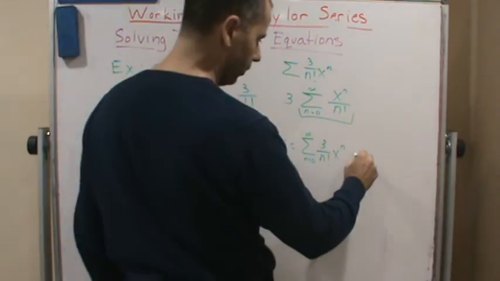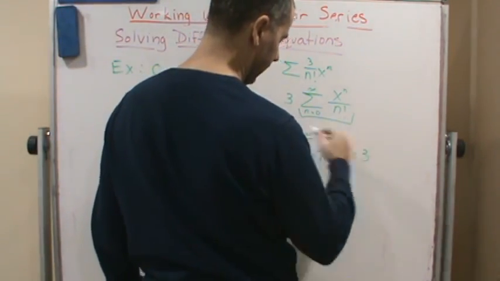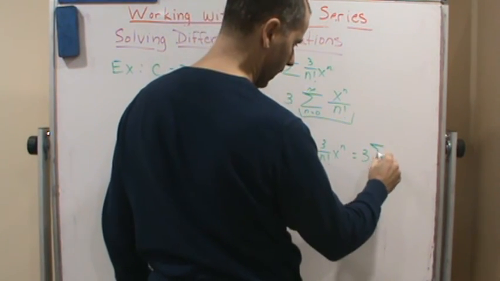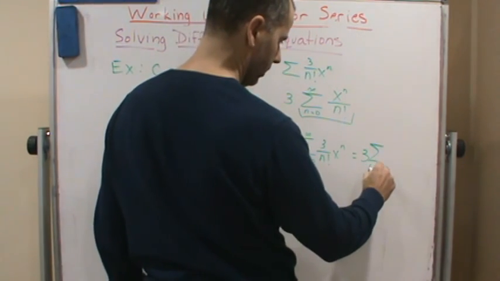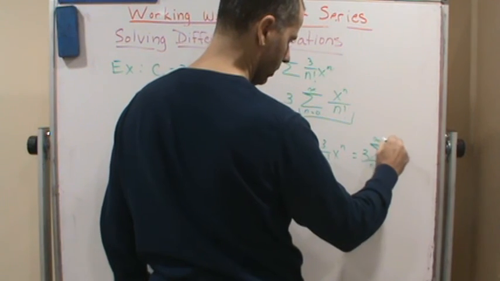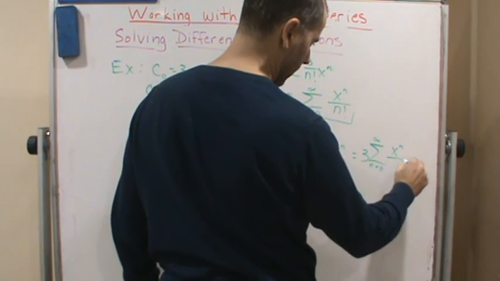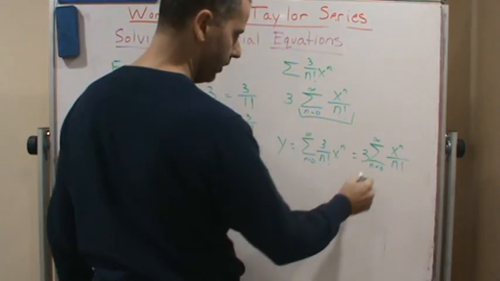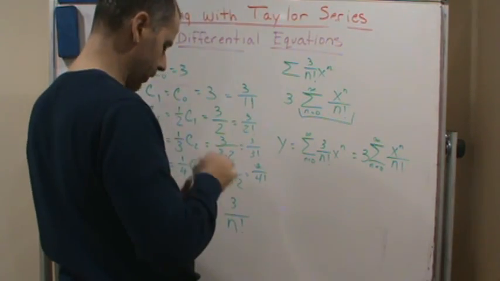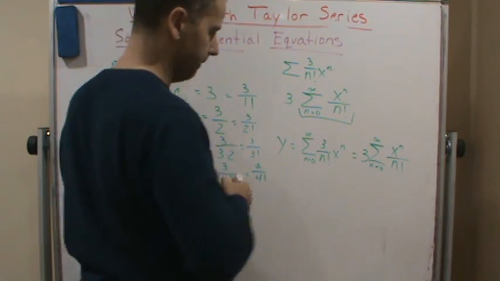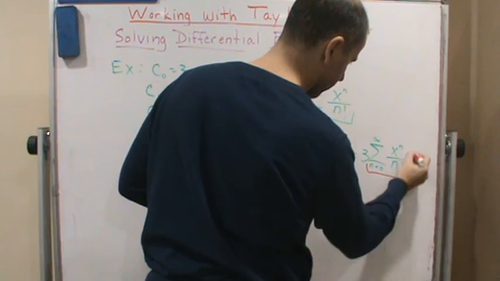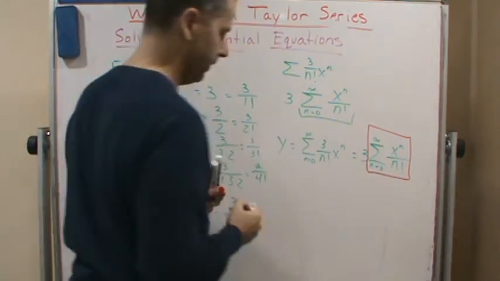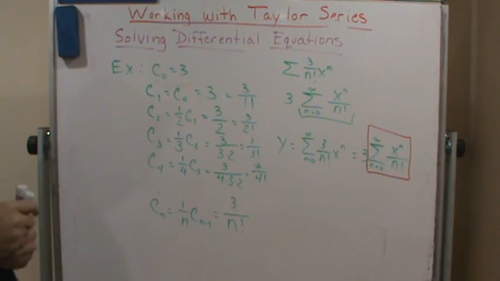So y equals 3 times the sum of x to the nth over n factorial. I'm just reiterating. And my question again is, we should recognize that series.